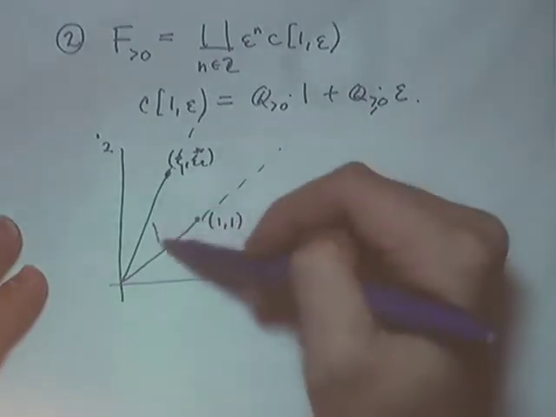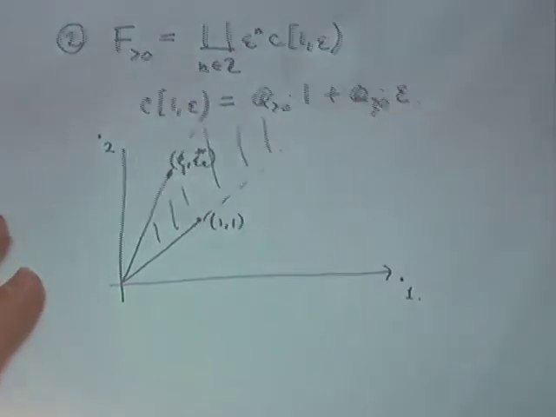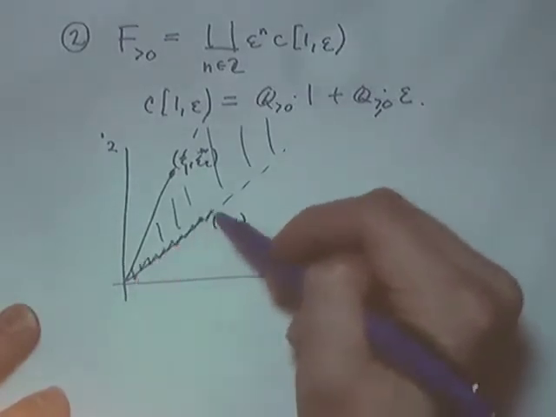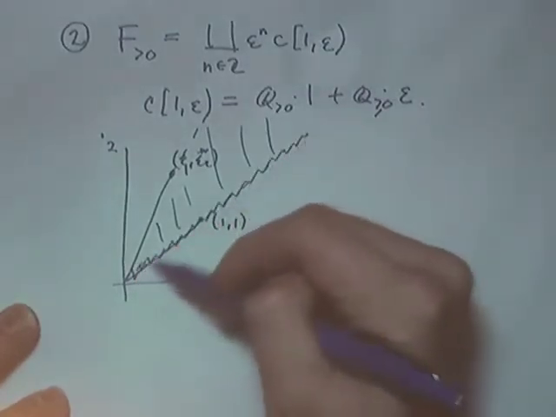And this cone C(1, epsilon) is simply this cone. And by the way I've defined it, I'm including this bottom bit.